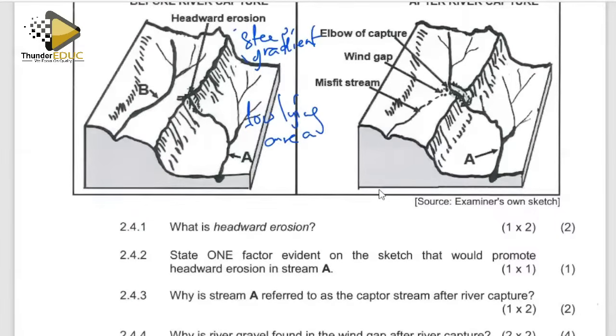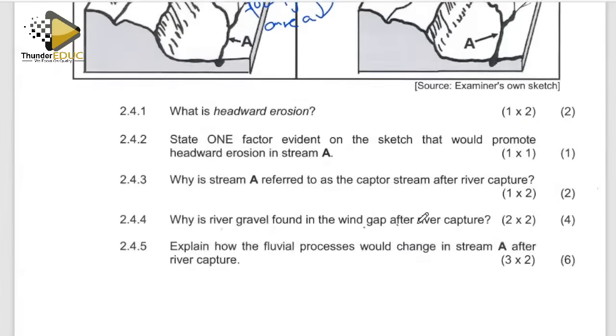It implies that a stream which develops towards the watershed will have more energy, will be energetic, such that it keeps on advancing headwardly until it reaches the other area. So because of the river flowing in a low-lying area, and because of the steep gradient on this side, those are the factors which promote headward erosion.